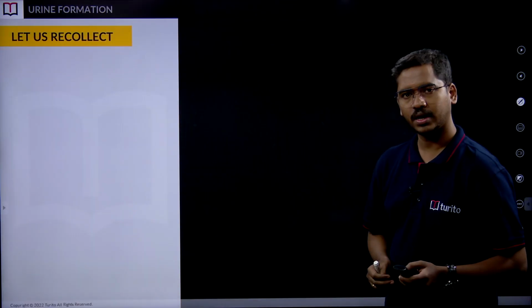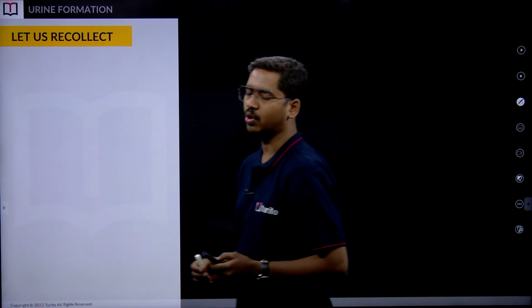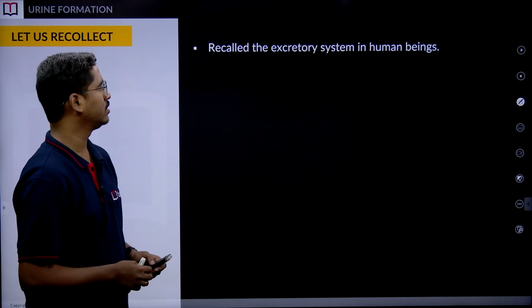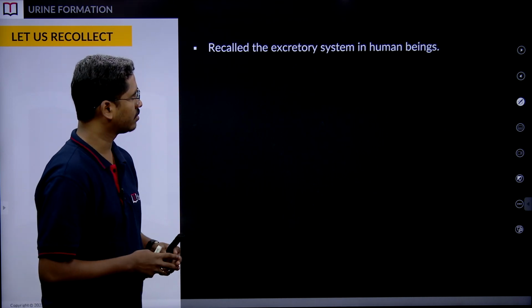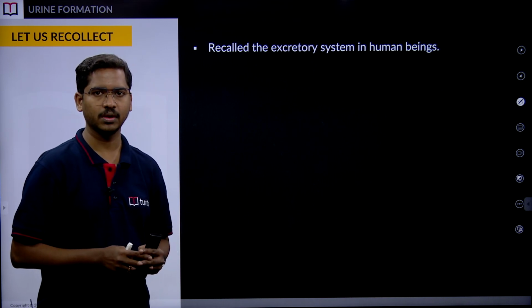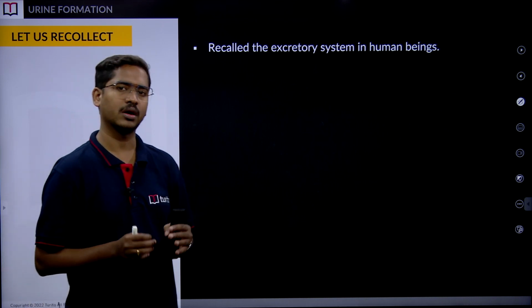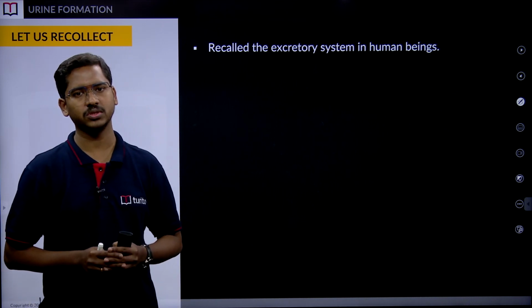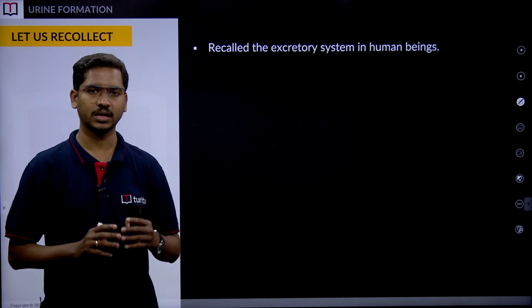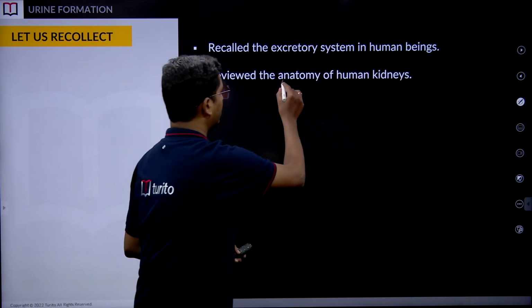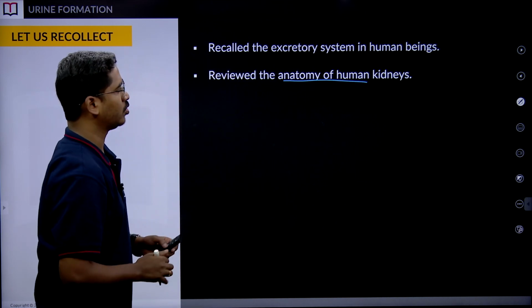Before we do that, we will look into the topics we have already completed in the previous session. In the previous session, we recalled the excretory system in human beings. We looked at the kidneys and their internal structures and how the nephrons are arranged within the kidneys, and finally that is how we arrived at the anatomy of human kidneys.